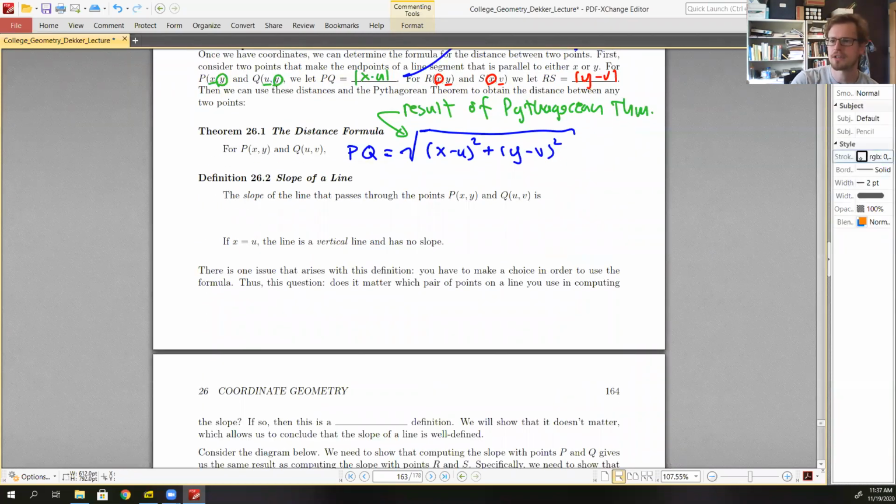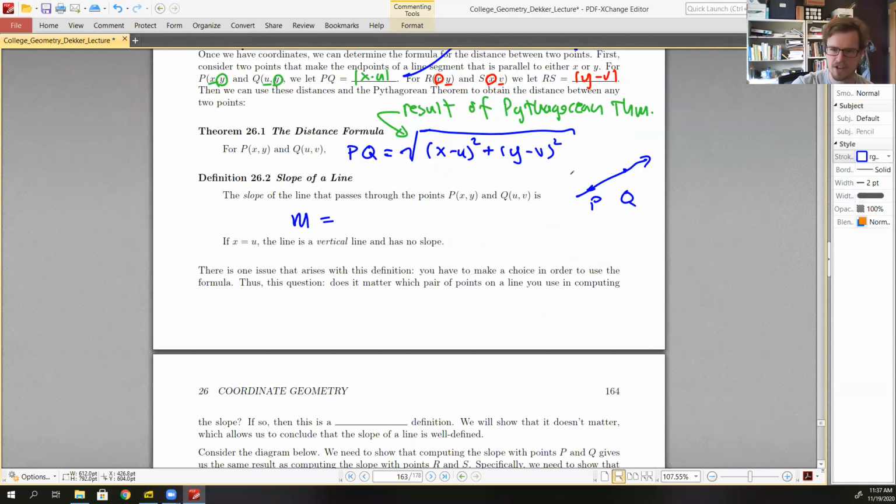All right, so again, this is all stuff that we are pretty familiar with, so returning to more ideas that we already know: the slope of a line that passes through these 2 points. If we're given 2 points, P and Q, the line that passes through them has some slope, and that slope is given by M, the usual notation.